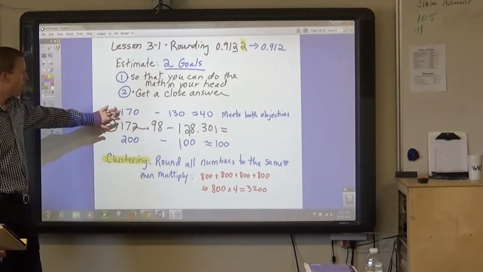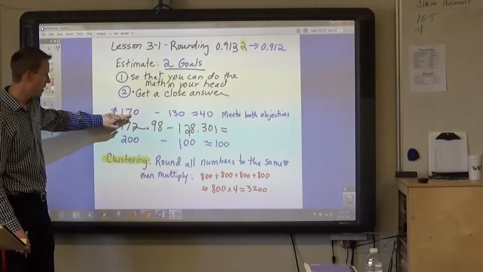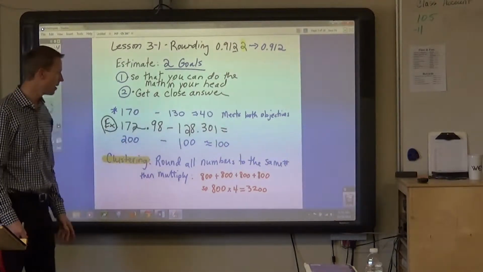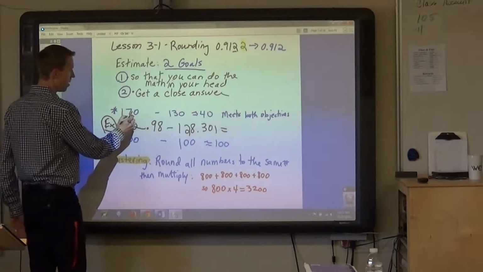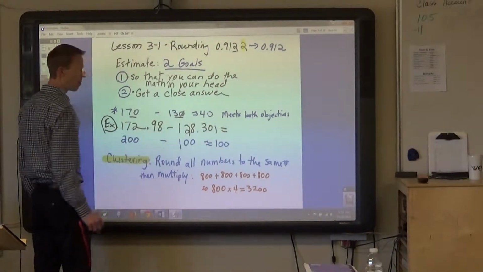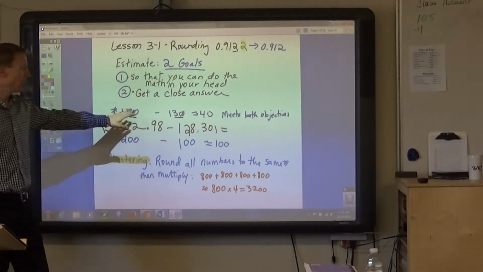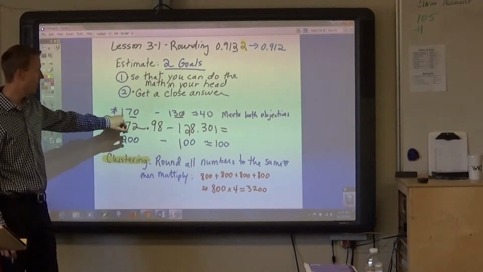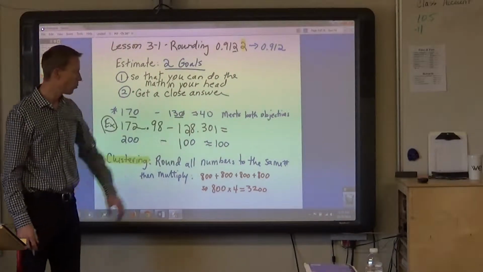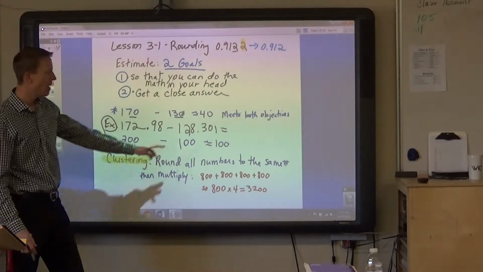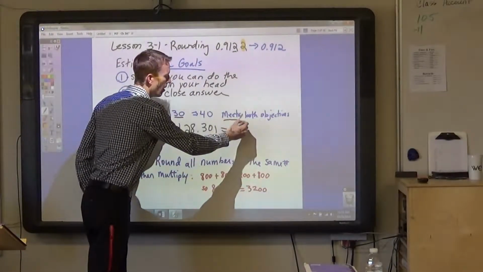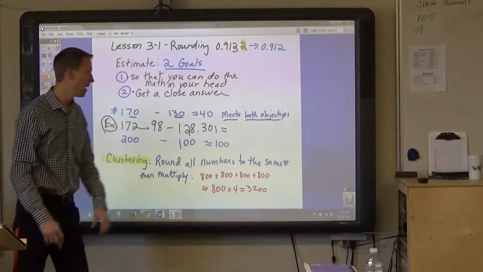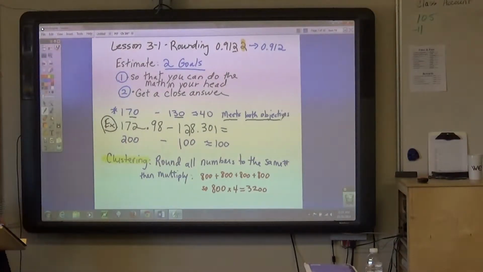You'd probably round this to 170 minus 130. 70 minus 30 you can do in your head. So if you can do 170 minus 130 in your head, then that meets both objectives: be able to do it in your head and to get a close answer.